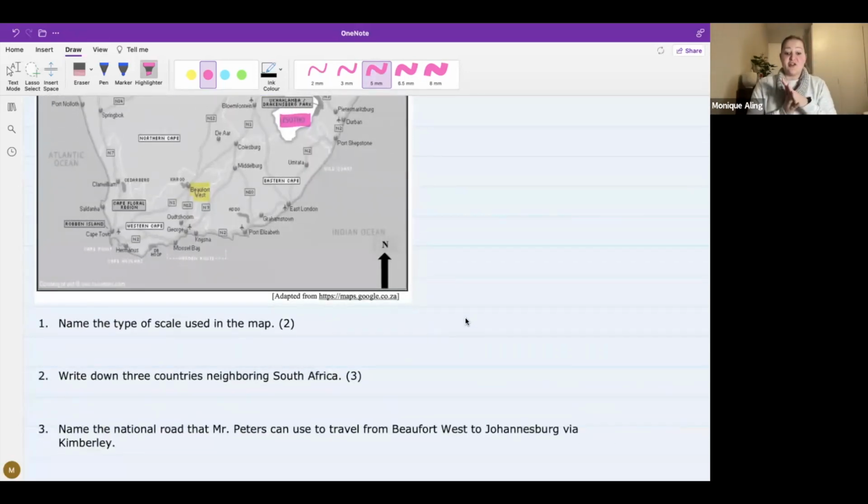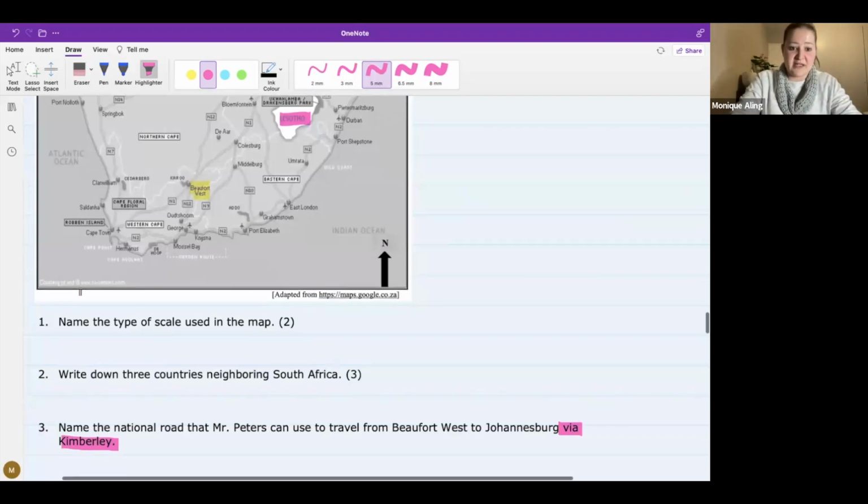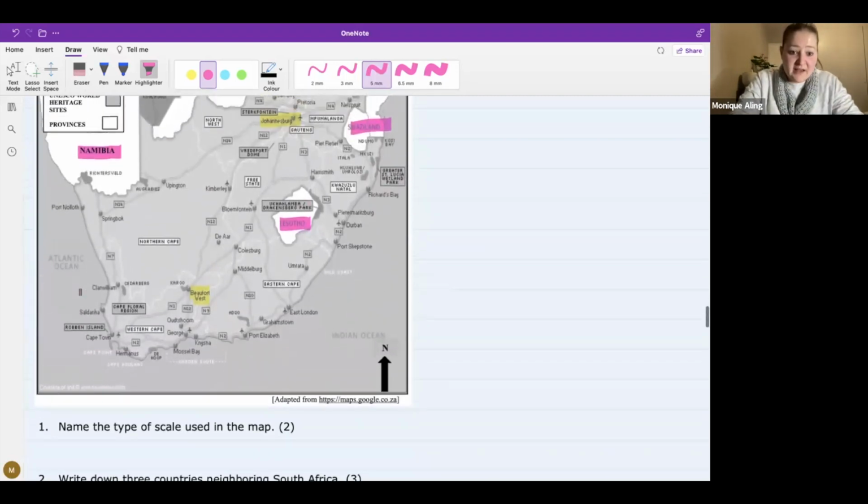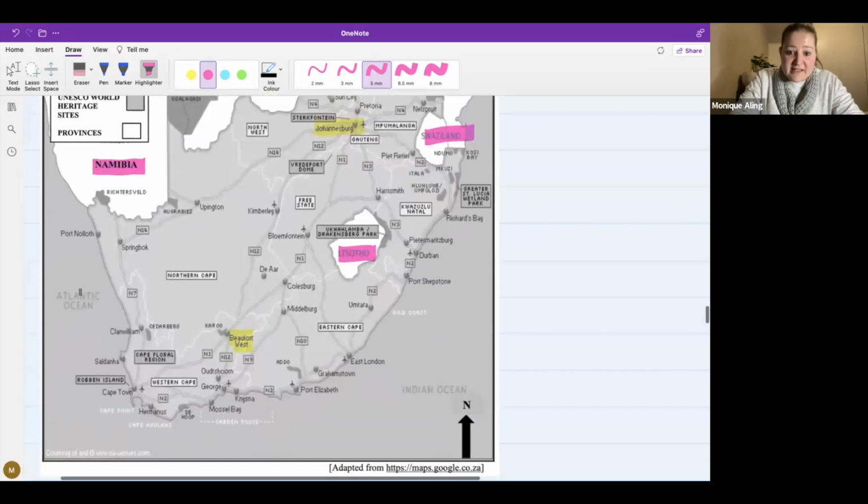Name the national road. Okay, so another question that's been asked over and over again, naming the road. Name the national road that Mr. Peters can use to travel from Beaufort West to Johannesburg via Kimberley. So that's the important part to take note of. So from Beaufort West to Johannesburg, but they're going to go via Kimberley. I'm going to zoom into the map now so we can hopefully see the road.